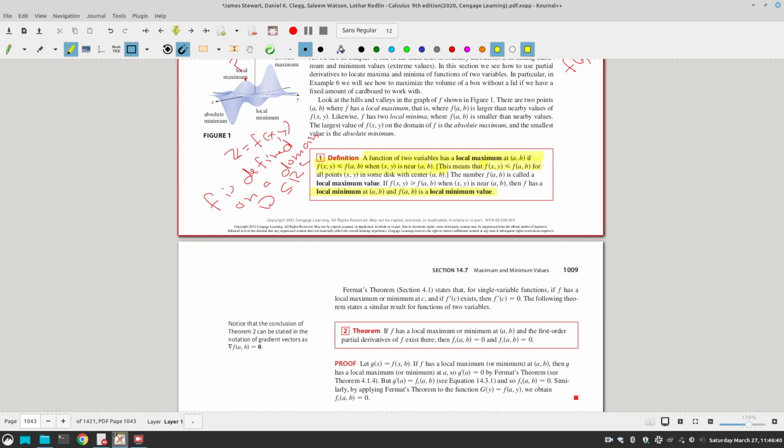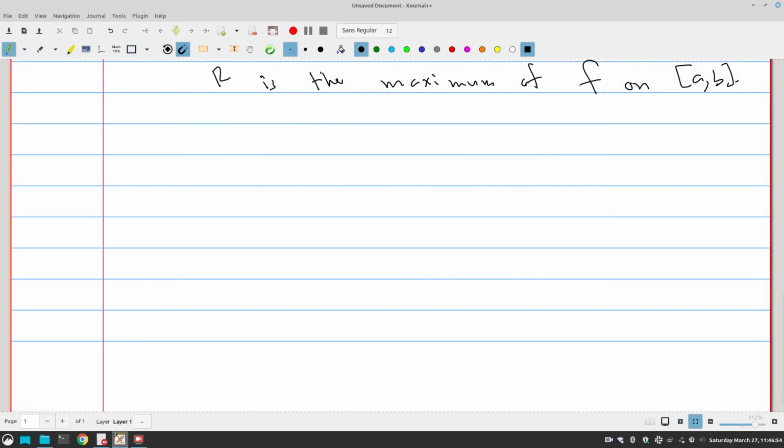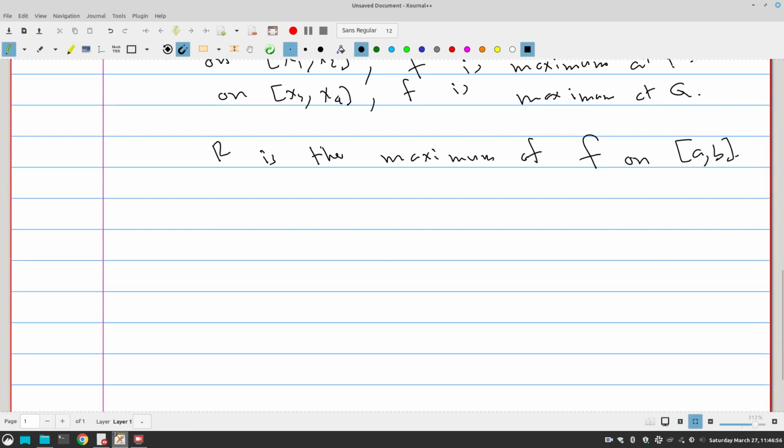Now, how do we find these critical points? How do we find maxima and minima? Specifically, there are three types of critical points, but first of all we're interested in maxima and minima.